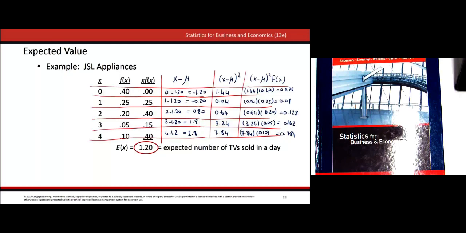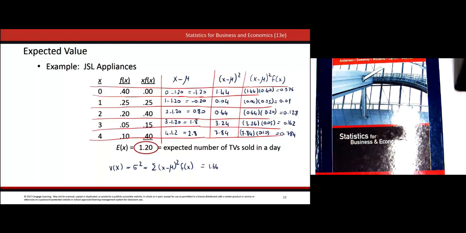And the variance, which is denoted by sigma square, is the sum of x minus mu squared times f of x, which is the sum of these values, 1.66.